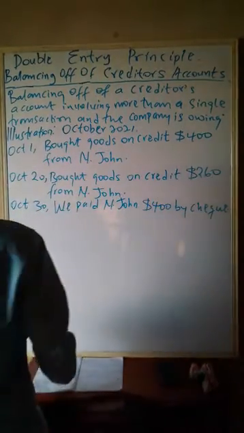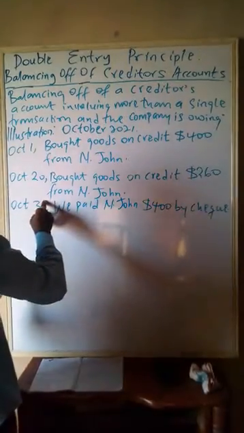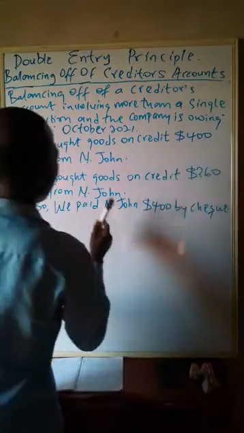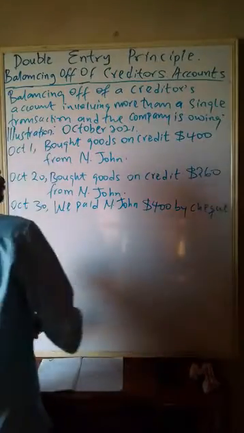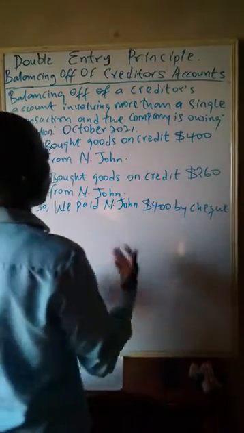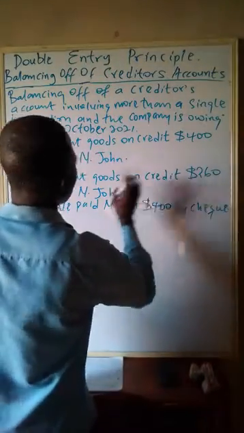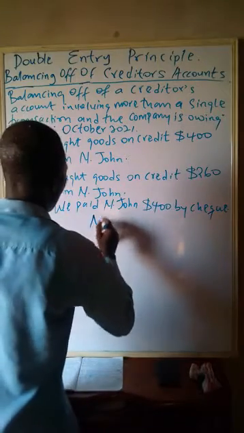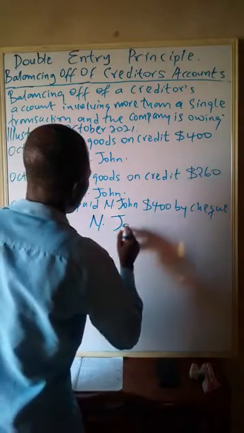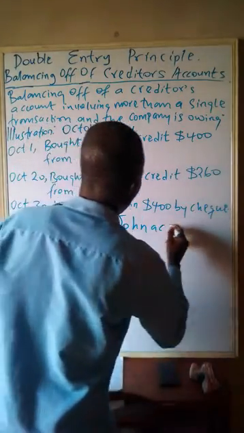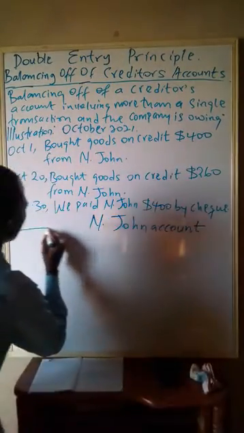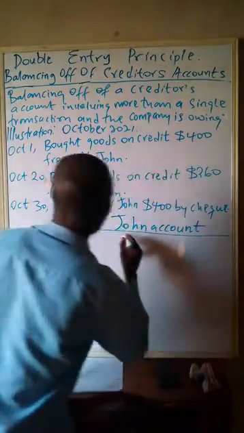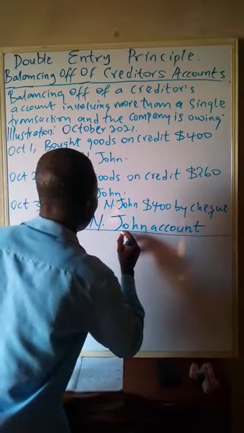October 38th, we paid John $400 by check. So how do you balance up the accounts? This is a supplier's account, and that is John's account. You rule under it.